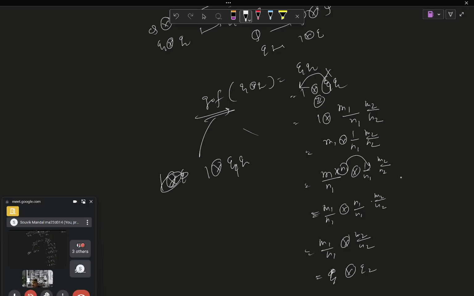Now this is exactly G compose F of q1 tensor q2. From this portion you need to show this is equal to q1 tensor q2, and for doing that we can't directly put it; that trick we have just seen is involved here.